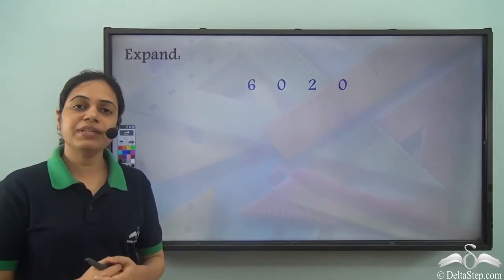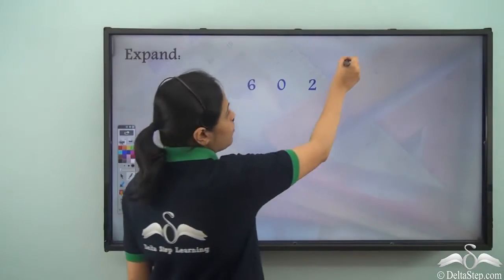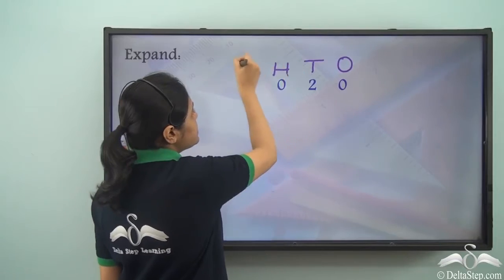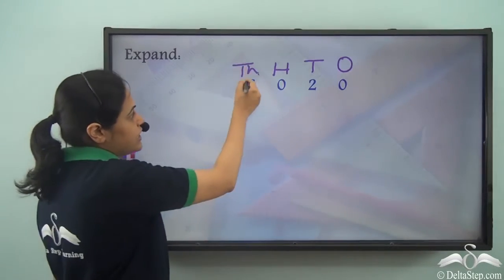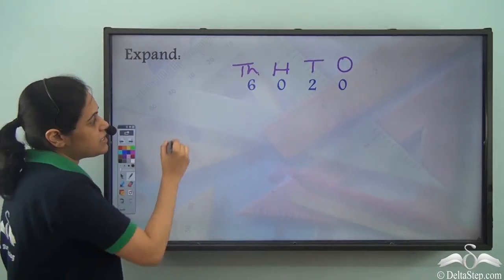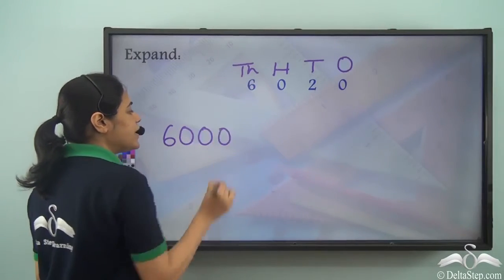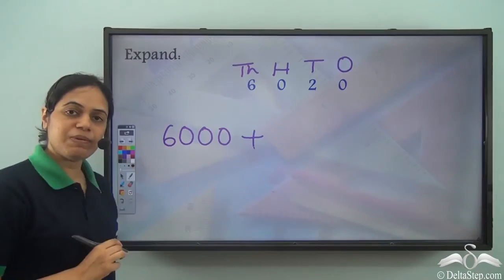So now what will be the expanded form of this number? Well, ones place, tens place, hundreds place, thousands place. So 6 is in the thousands place. So the place value is 6 into 1000. That is 6000. 0 is in the hundreds place.